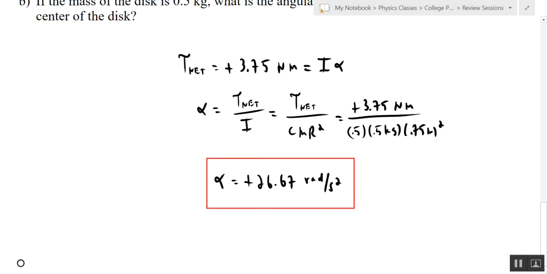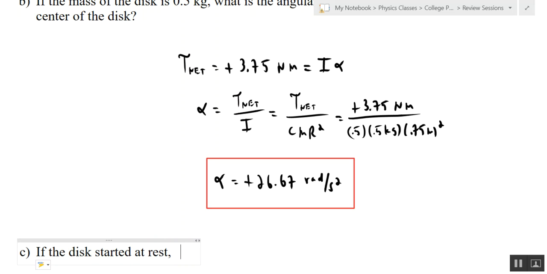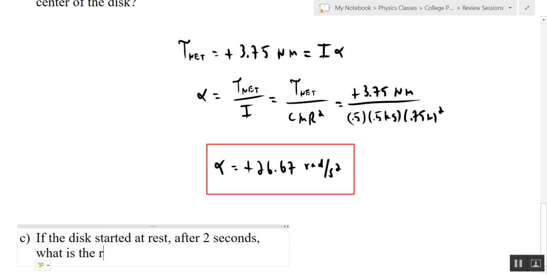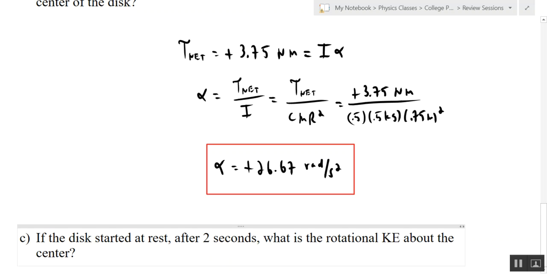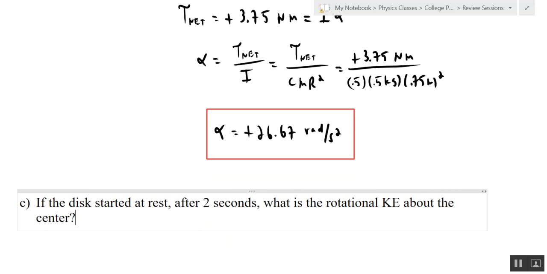Part C. Okay, part C. If the disk started at rest, after, let's say, 2 seconds, what is the rotational KE about the center? It's probably going to be a big number, but whatever you get, you get.